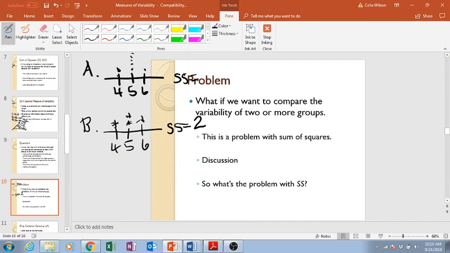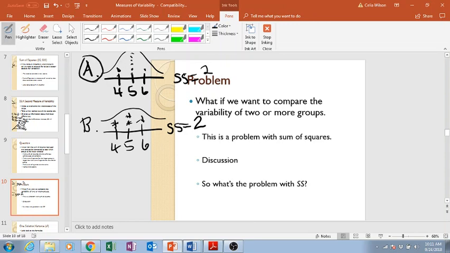All right, so sum of squares, again, as a measure of spread outness, is telling us that this distribution here is the same as this distribution here. But you can tell that if I draw just a little sketch of my curves here, this situation is not as spread out.